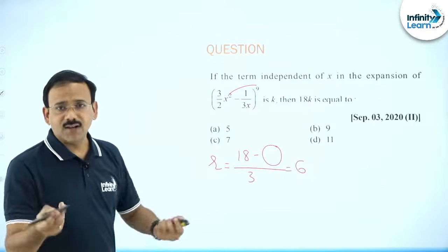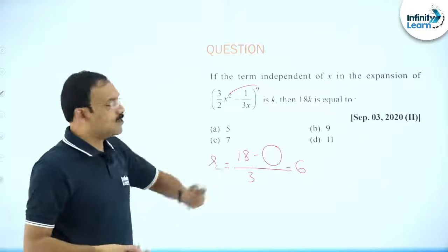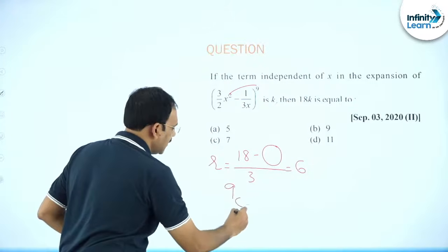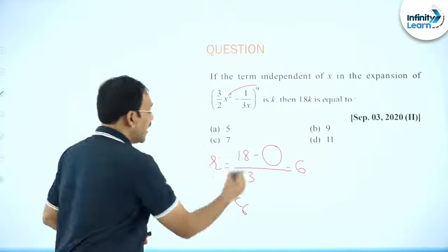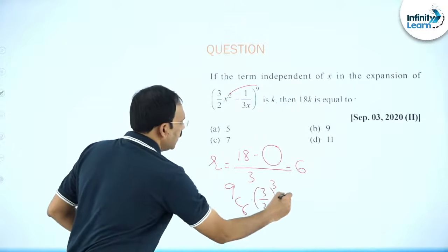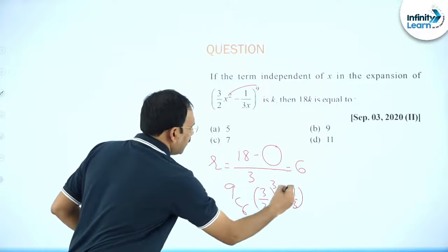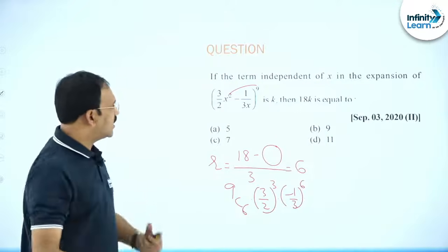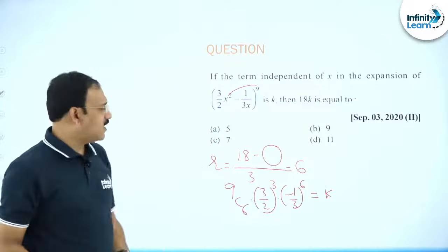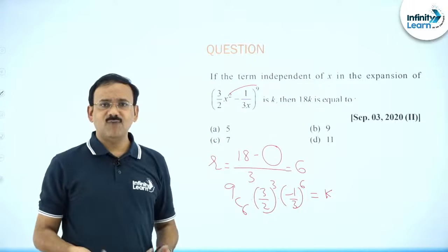I don't bother what number of term it is. When r is equal to 6, what is the general term? 9C6 into, just take the coefficient, (3 by 2) power 3 into (minus 1 by 3) power 6. This is given as k. You just find 18k, you can compute it.